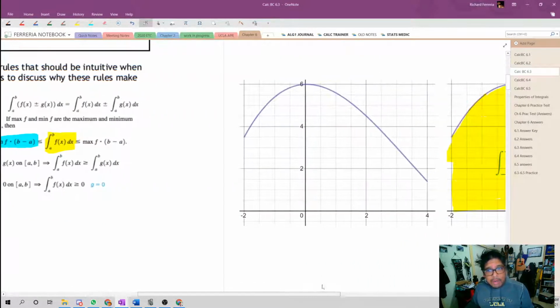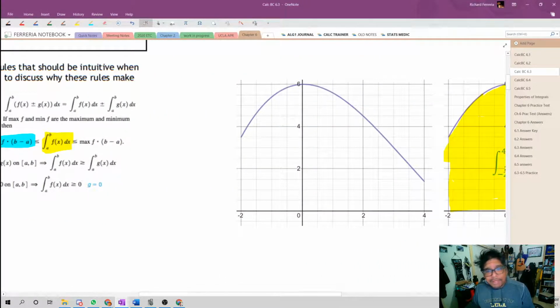Now if I create another graph, this is the exact same scale of the previous one, and I say, hey, what is the minimum value of f? That's going to be right here. F doesn't get smaller than that. B minus a is the width of this rectangle from -2 to 4.